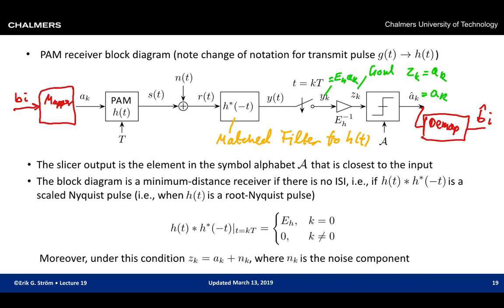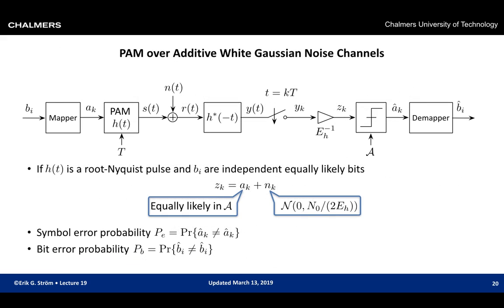Okay. Then we need to make certain assumptions on the noise. And the assumption we have made in this course is to say that the noise is additive white Gaussian noise. That is a standard assumption in the field, and in a way it is the worst kind of noise we can imagine. If I then look at how the noise travels to this, it's first filtered, then sampled, and then scaled.